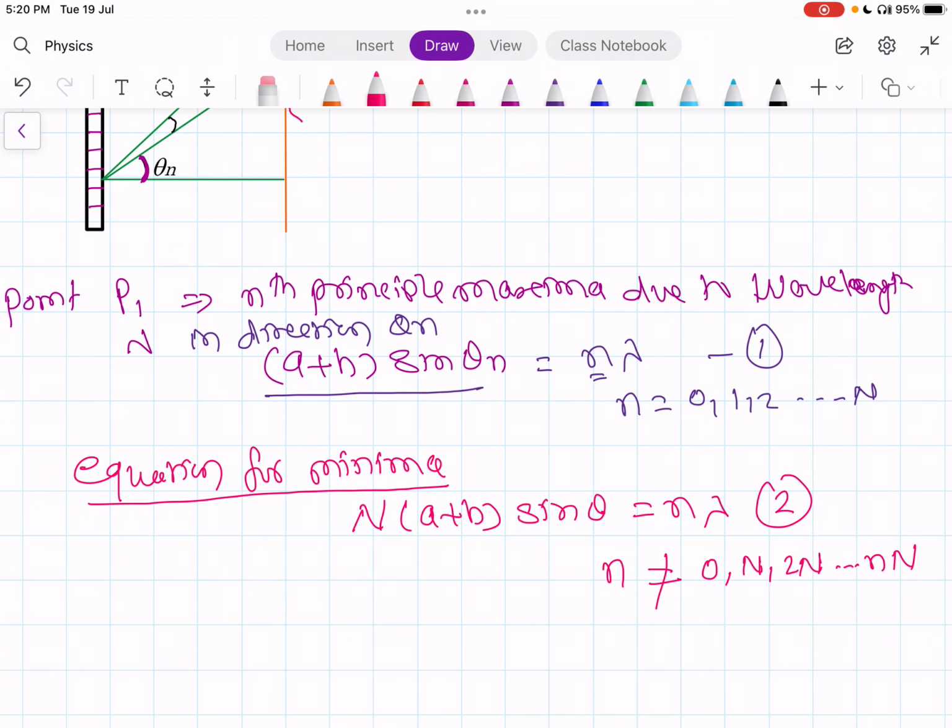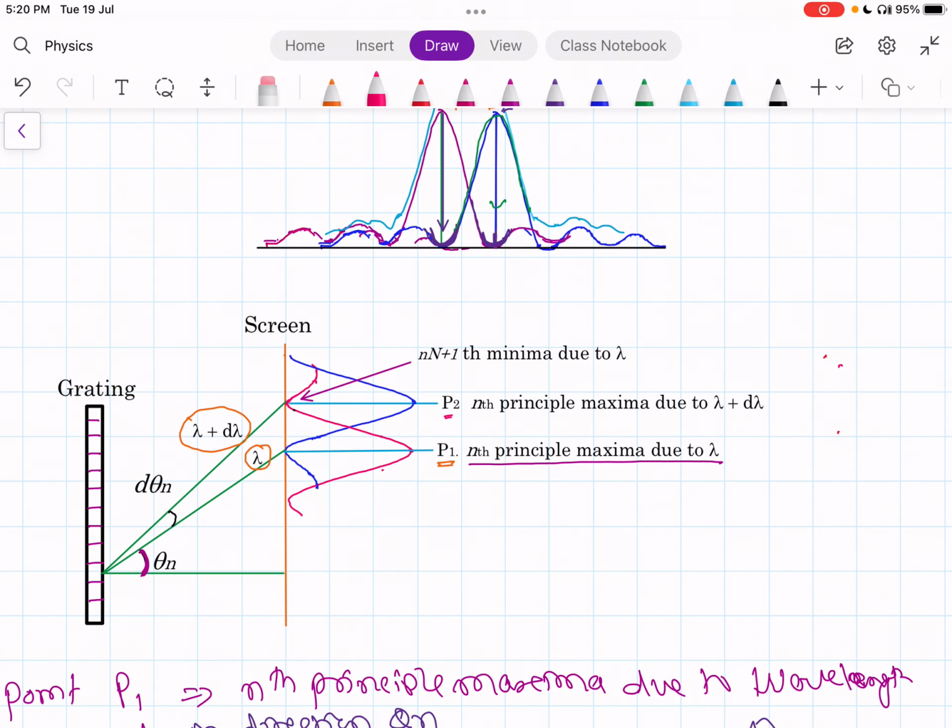Then let's see the point P2. What do we get at point P2? At point P2, at this point over here, we get the adjacent minima, the first minima. At point P2, we get the first minima which is adjacent to the nth principal maxima.